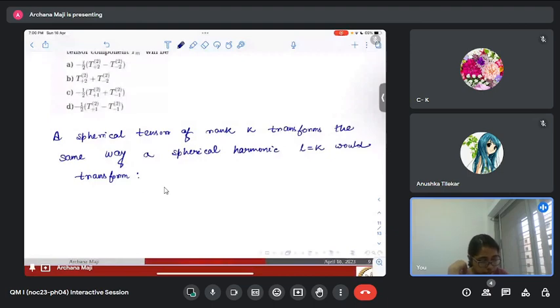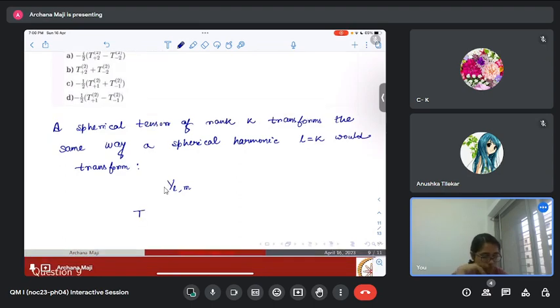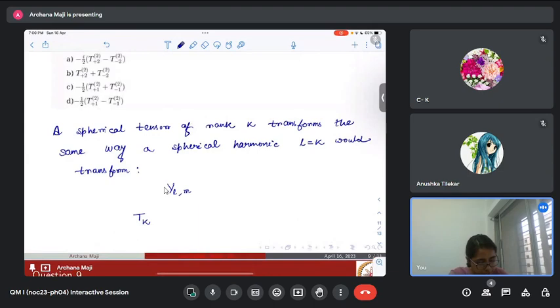So spherical harmonic we write as Y L M, right? where M can take values from minus L to plus L. In the same way, we define this spherical tensor of rank k, where L is replaced by k and M is replaced by q.